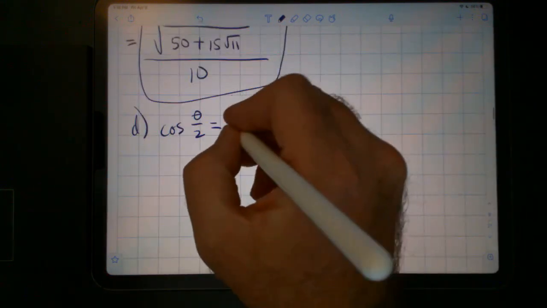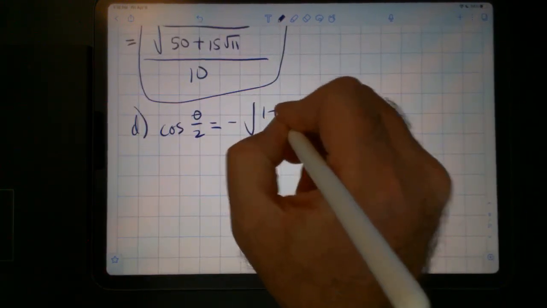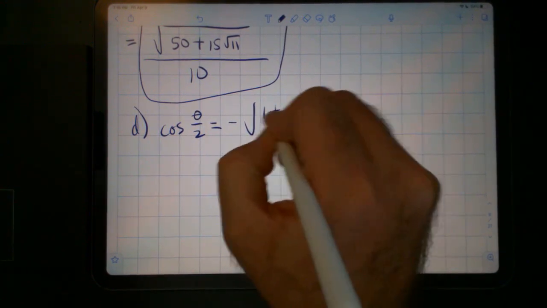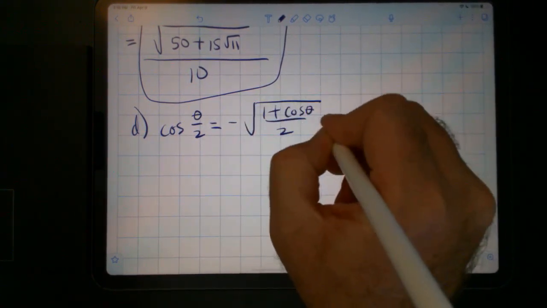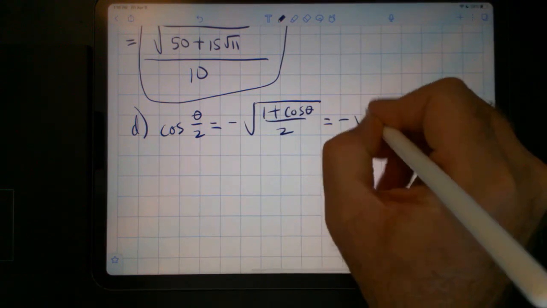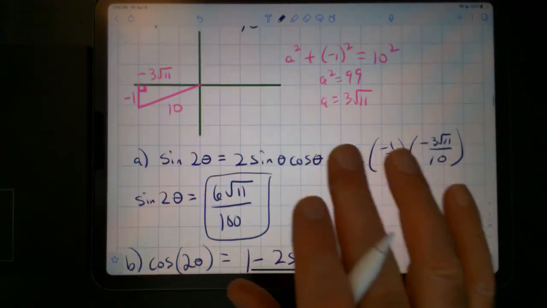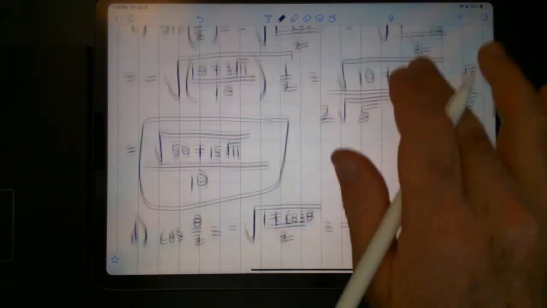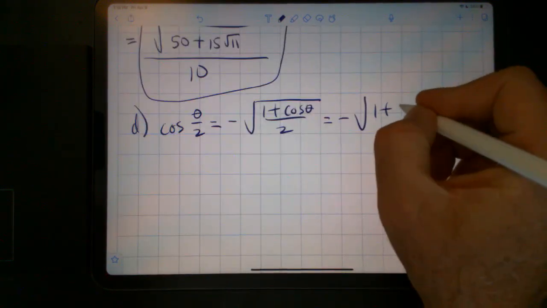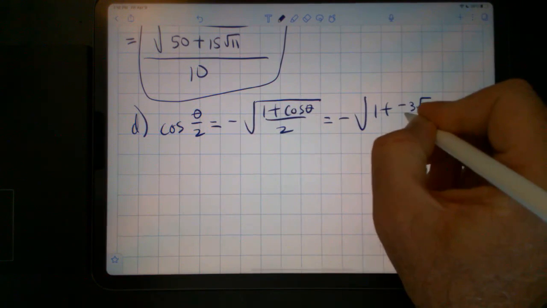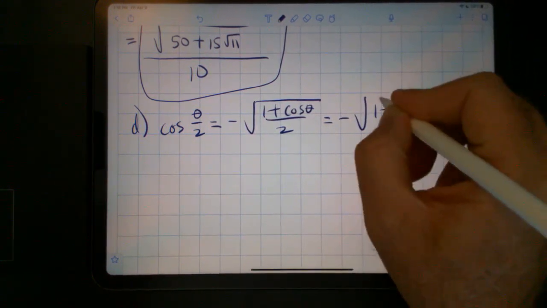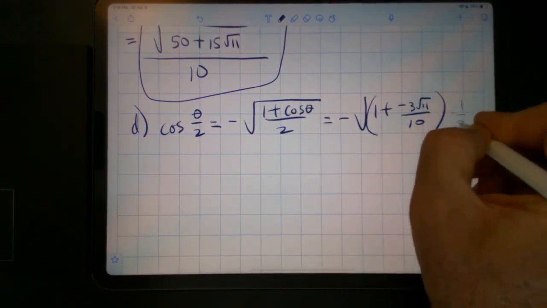So we want the negative component. And this would be the square root of 1 plus cosine theta over 2. And so we have cosine theta is negative 3 radical 11 over 10, and all of this is divided by 2.